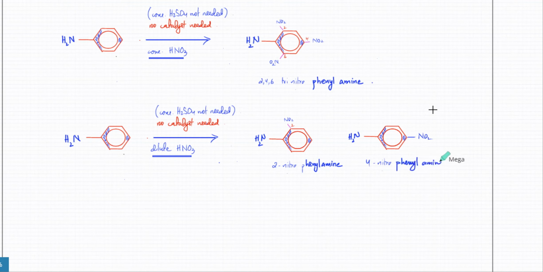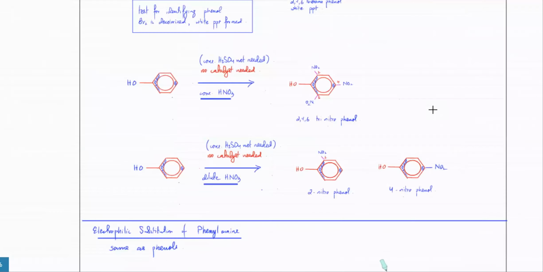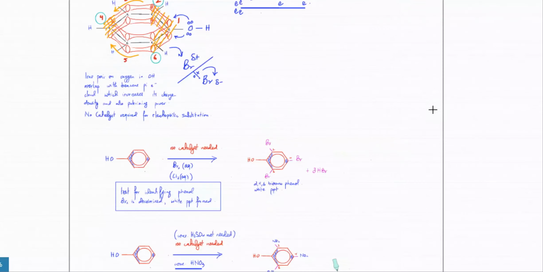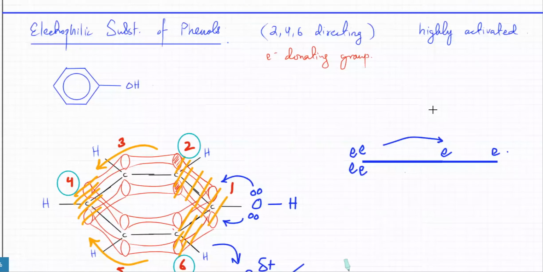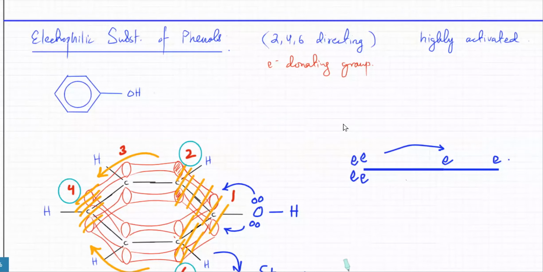Okay, so just remember that electrophilic substitution is going to be identical. It's going to be exactly the same. Is this clear? So we did electrophilic substitution of 2,4,6 directing groups. We did electrophilic substitution of phenols. Where did we start?